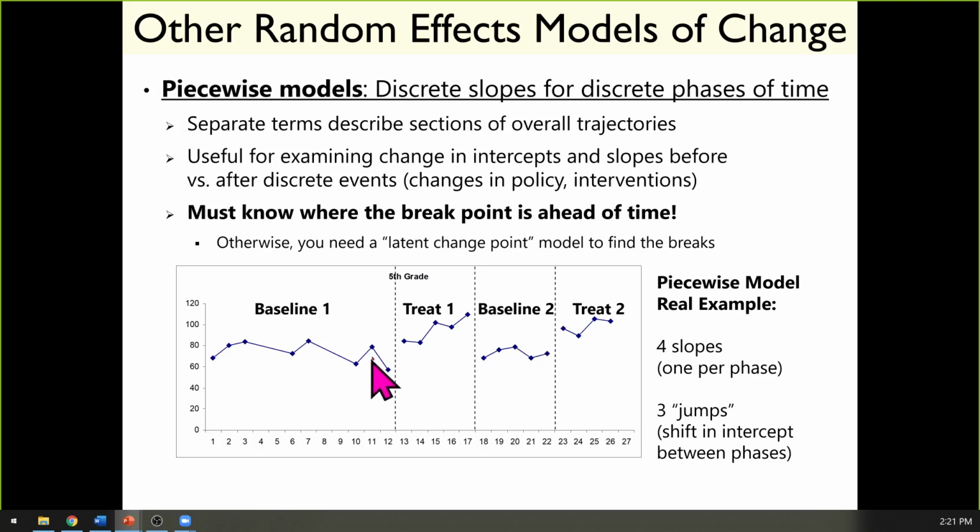So if you just look at this sort of up and down trajectory, visually this provides fairly strong evidence that whatever they were doing is causing the change, and it's not just due to natural sorts of maturation processes. You can also have control groups where you have nothing happening and do that as a comparison. But this is a perfect example of when you would want to fit a piecewise model.